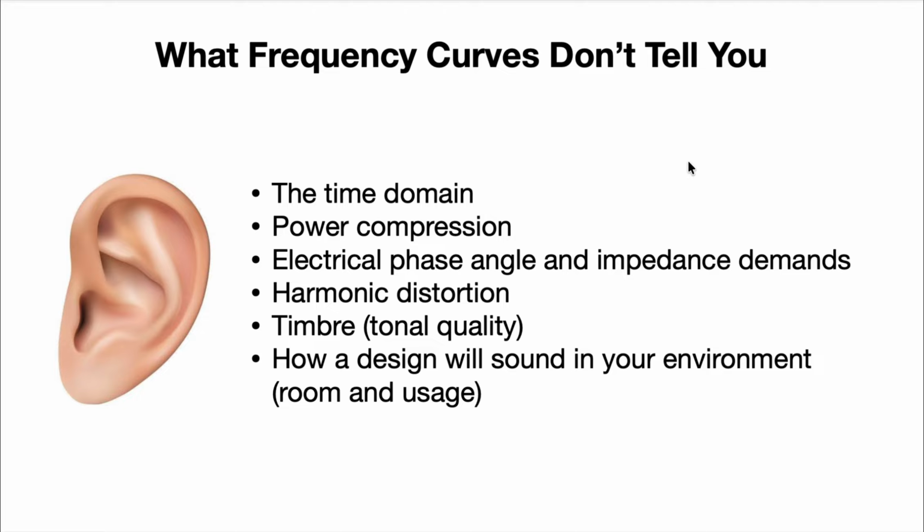Frequency data often doesn't tell us much or anything about harmonic distortion or the timbre and tonal quality of the speaker that we're using. If I'm using a paper cone or an aluminum cone or a magnesium alloy cone or beryllium or whatever material, they all have their own tonal qualities. And while the speakers can measure the same, they still don't sound the same.